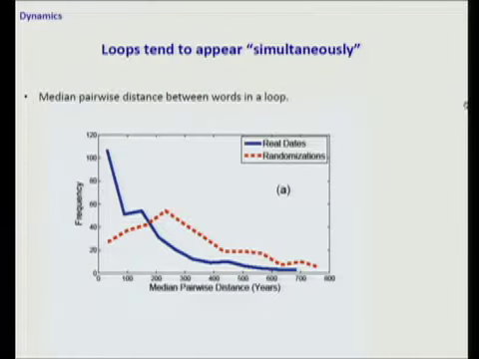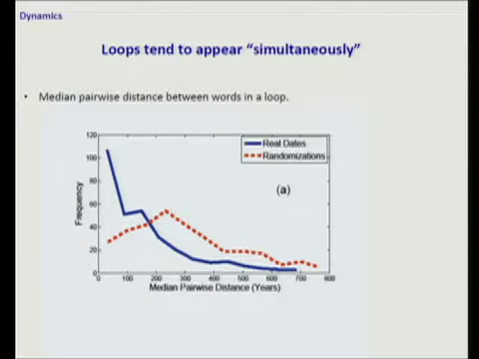So you see it's not so sharp, but still it's distinct. If you take a loop and look at the inter-word distance in years between the times of appearance of these two words inside the loop, you will find that it tends to be less than 100 years, which on this resolution scale is simultaneous.